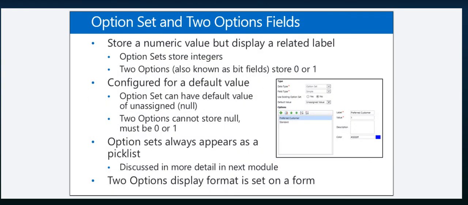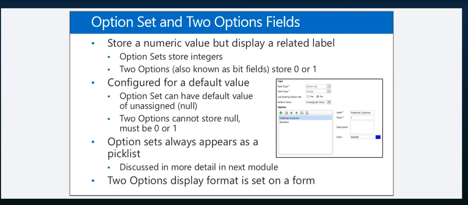Option sets and two option fields. Option sets are what allow you to basically define your own options. So when we have an account type, you have VIP, preferred customer, standard customer, etc. You can have any number of values. Two option sets, you only have two options.